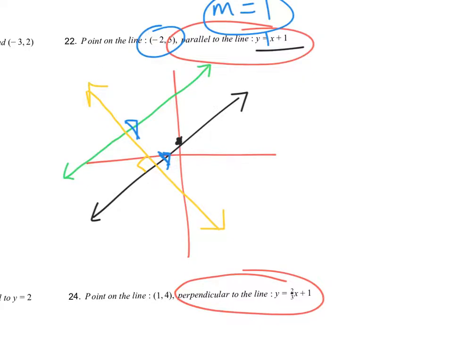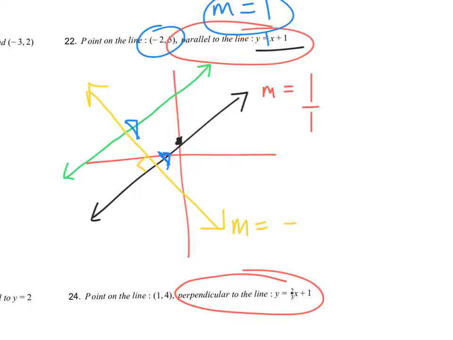And what that means is if the slope of this black line is m equals 1, or as a fraction, 1 over 1, the opposite reciprocal means whatever the sign is, this is a positive 1 over 1, then the slope of this yellow line is going to be negative.